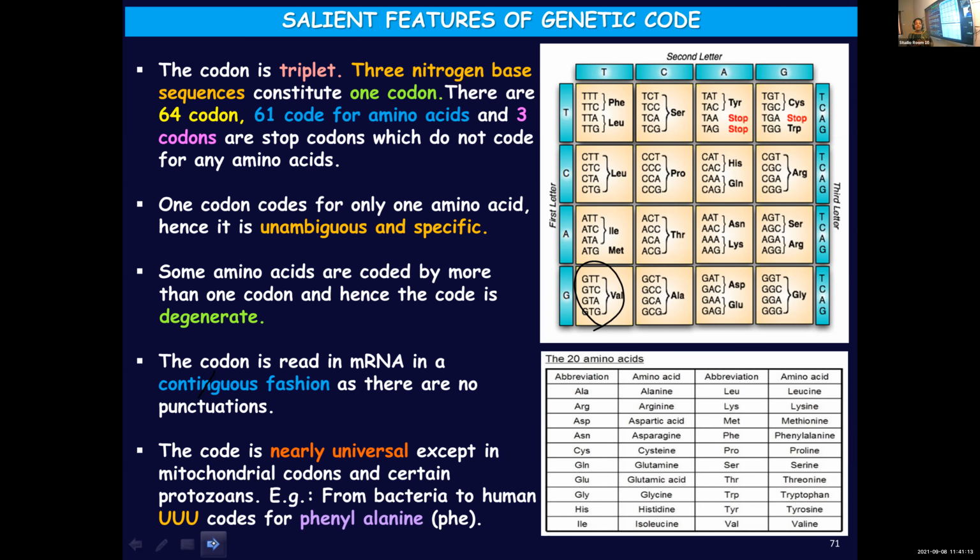So that is why it is said to be universal. The same codon codes for a particular amino acid from bacteria to higher organisms like human beings. But there can be some exceptional cases in mitochondria and also in certain protozoans.